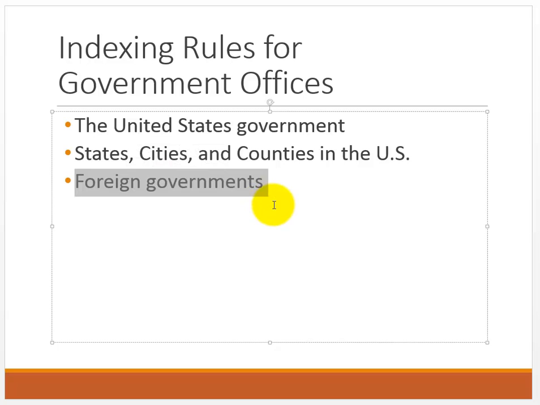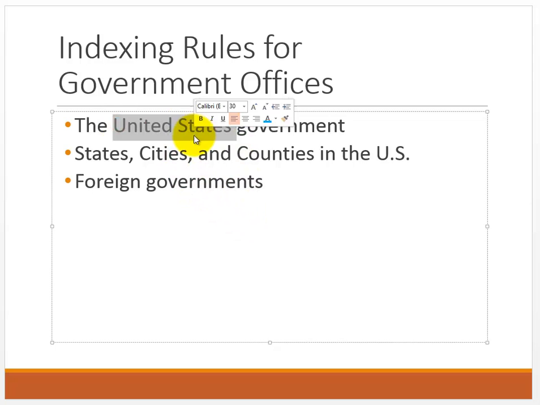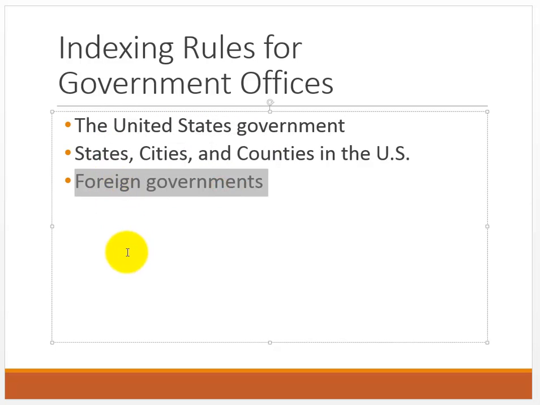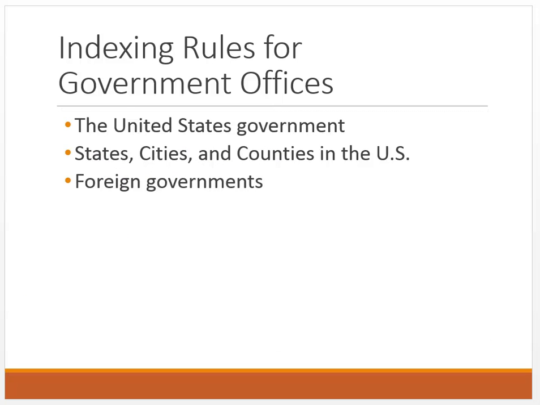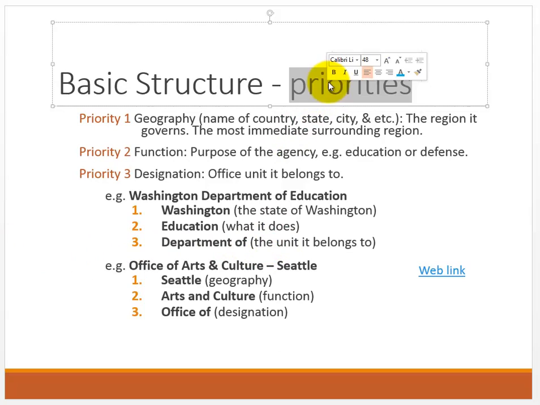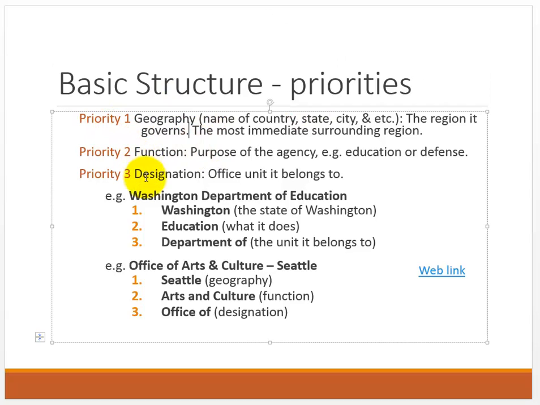To be frank, I don't think we'll encounter foreign government agencies that often. So that's why we put it to the last. But they all use the same principles, either federal government, local government, or foreign government. We just use the same principles, which is this basic, I call that priorities. So basic structure has 3 priorities.